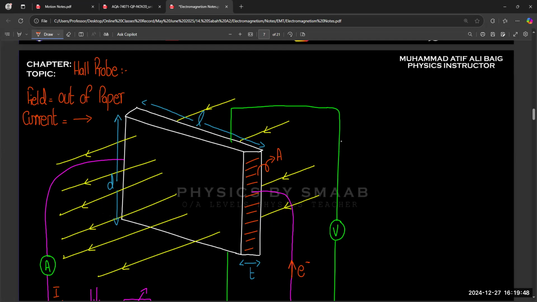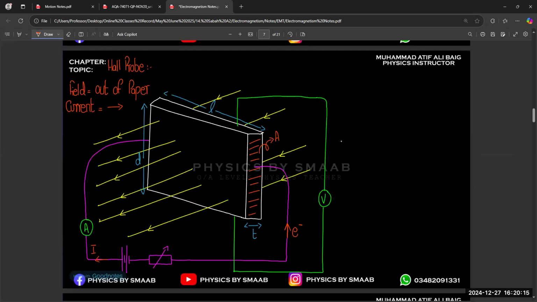Wait, let me do the whole left-hand rule. Would it be downward? Downward. Okay. So due to the magnetic field, force acts in the downward direction.